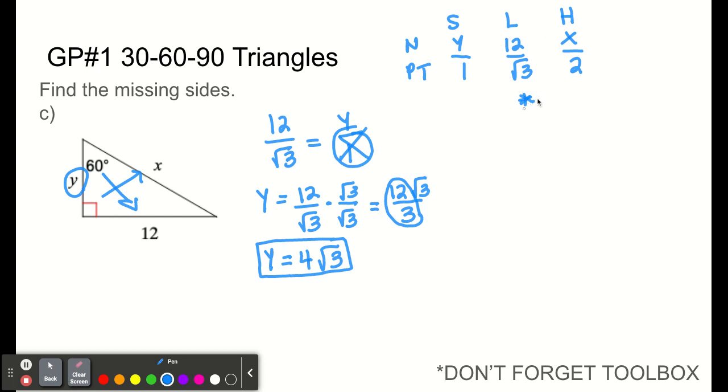Going back to my chart, using the ratio we're given again, 12 divided by the square root of 3. Now to find the hypotenuse, x divided by 2. We cross multiply. X radical 3 is equal to 12 times 2, which is going to give us 24. We divide both sides by the square root of 3.